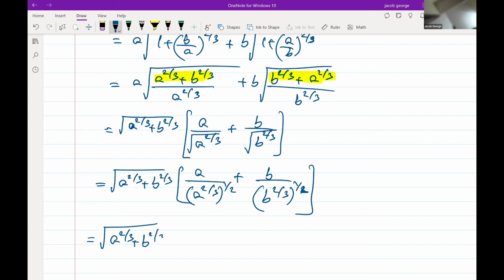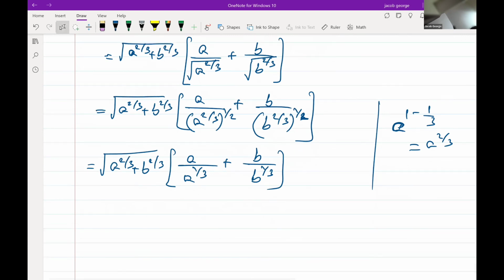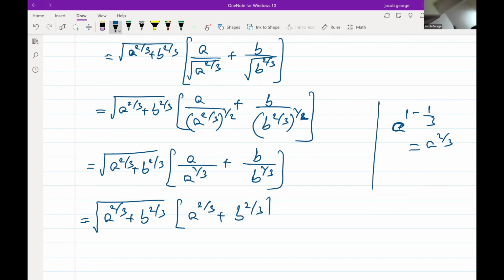So this is a raised to 2 by 3, law of exponents. So this is a by a raised to 1 by 3 plus b by b raised to 1 by 3. Now, a by a raised to 1 by 3 means a raised to 1 minus 1 by 3. What is 1 minus 1 by 3? 2 by 3. Similarly, the next also we get b raised to 2 by 3. So this will be a raised to 2 by 3 plus b raised to 2 by 3 under the root, and this is a raised to 2 by 3 plus b raised to 2 by 3.